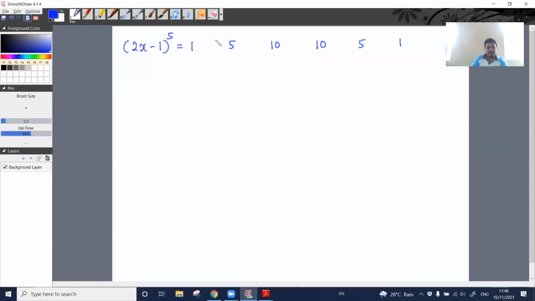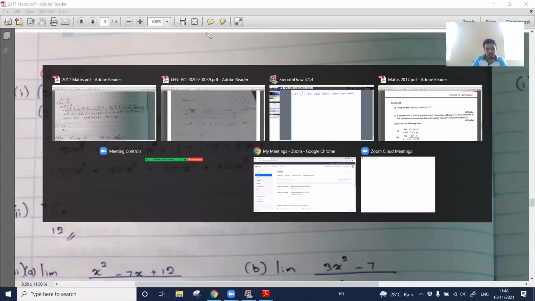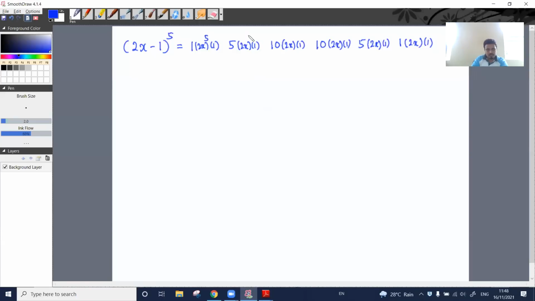Then the first term is 2x, second term is 1. So we are starting with the highest power value, that is 5: 5, 4, 3, 2, 1, 0.